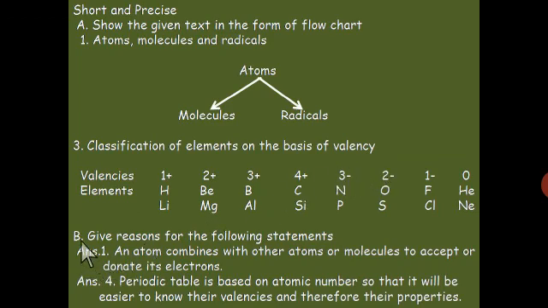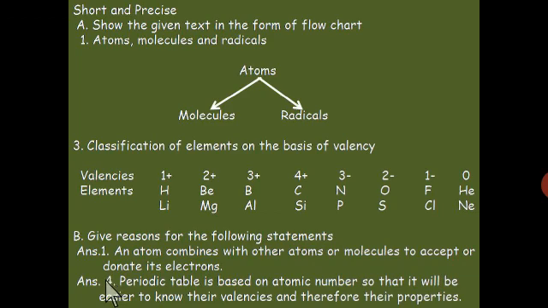Now B number, give reasons for the following statements. Number 1, an atom combines with the other atoms or molecules. Why does an atom combine with the other atoms or molecules? The answer is, an atom combines with other atoms or molecules to accept or donate its electrons.